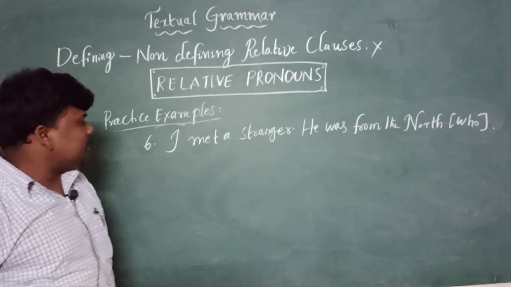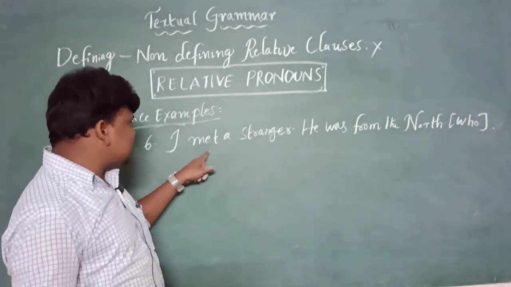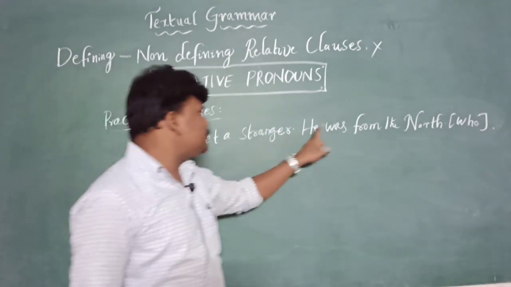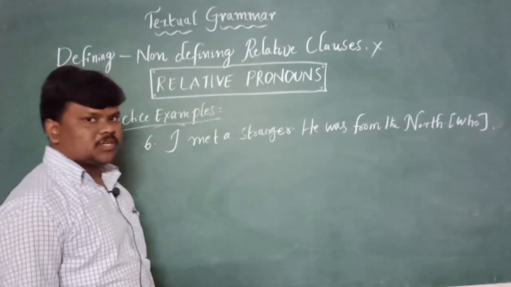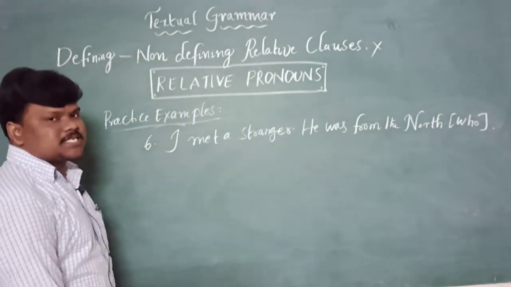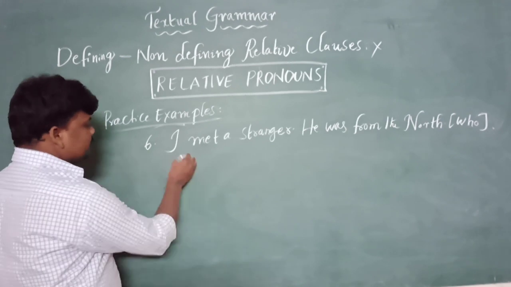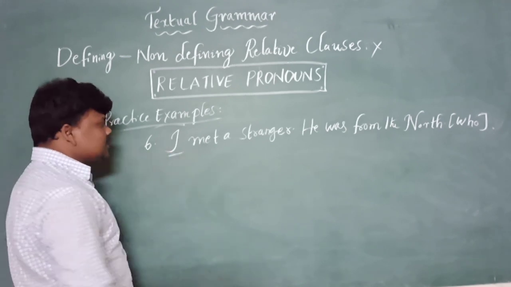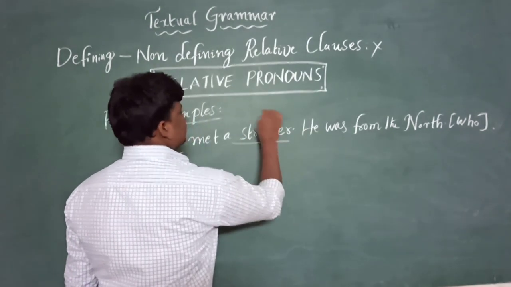Read the sentence once again. I met a stranger, full stop. He was from the north. Right? Look into the first sentence. How many persons are there? I, first person. Stranger, second person.